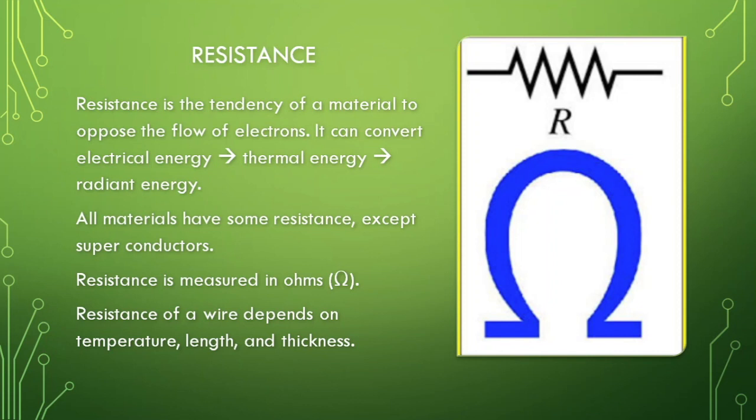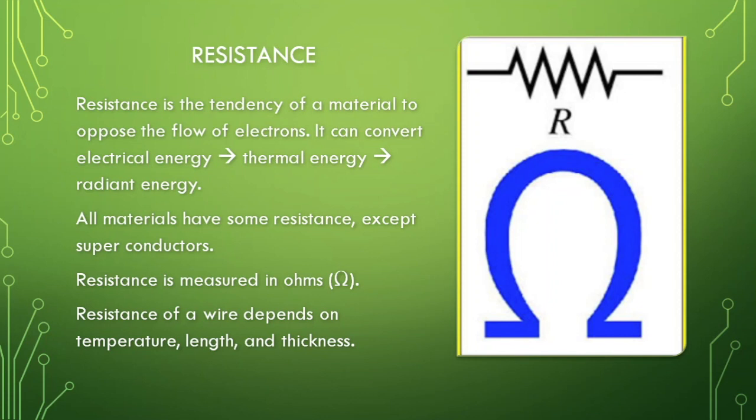A cord that long has a lot of resistance. If you grab the cord after it's been running for a while, you'll feel that it gets kind of hot, because the resistance of that long cord slows the electrons down.